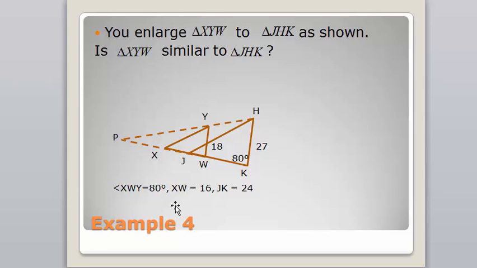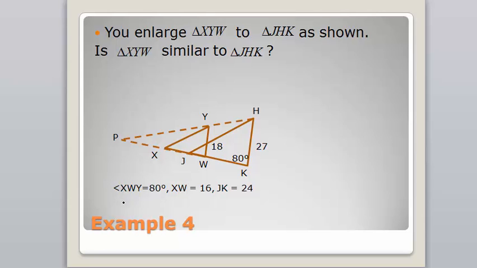So, we have a dilation. We've enlarged triangle XYW to JHK, and we're trying to figure out, are they similar? So let's check it out.